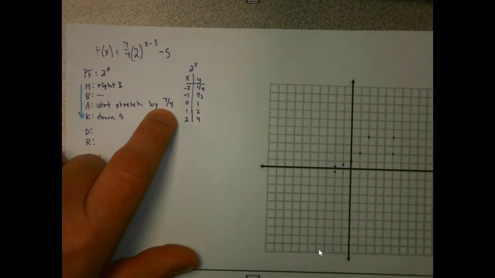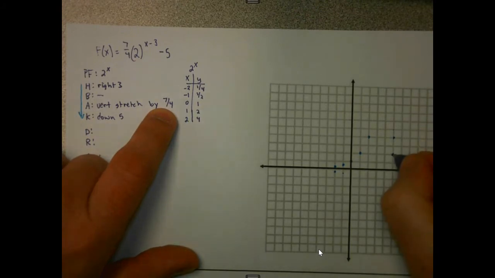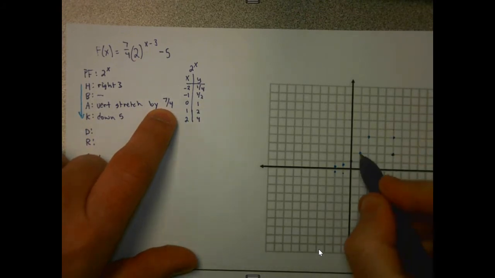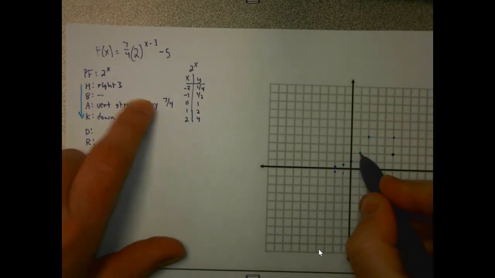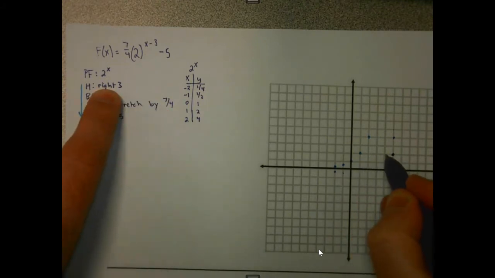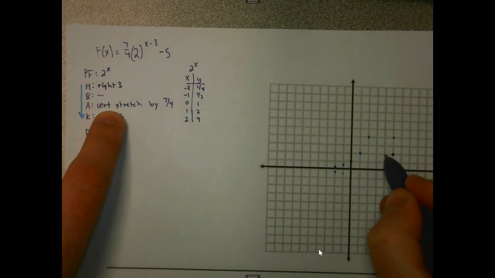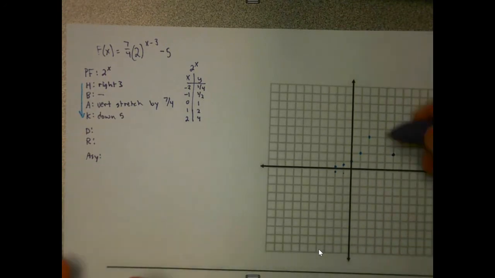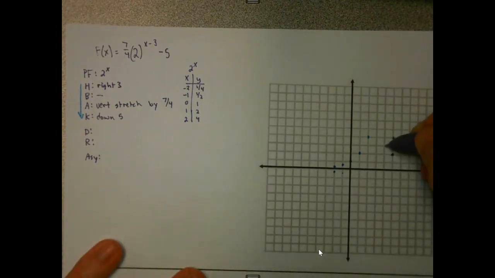Let me get a different color for these. Right here. Okay, so here we're going to go right 3. 1, 2, 3. Multiply by 7/4. So 2 times 7/4 is 7/2. So it's 2, 4, 6, 7/2, and then down 5. 1, 2, 3, 4, 5.